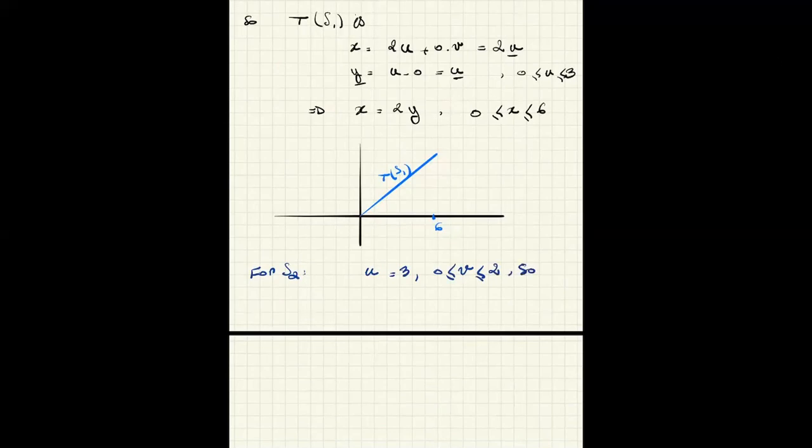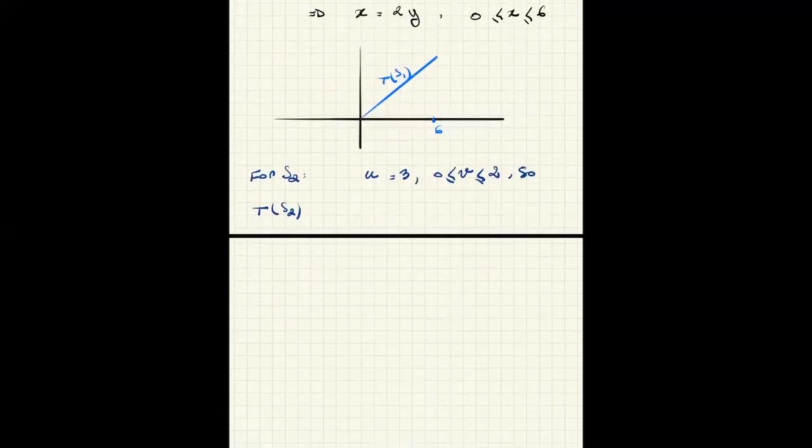So T of S2, now you use the same formula. The formula says x is equal to 2U plus 3V. But now U is fixed, equal to 3, so it's 2 times 3 plus 3V.